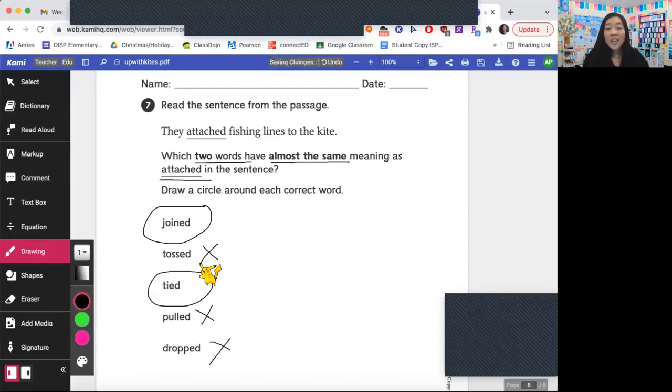If you're attaching something, you're joining it together. Like you might attach your seatbelt. You're joining the belt to the buckle. You might attach your pet's leash to their collar. You're joining it together. Sometimes you tie it together.